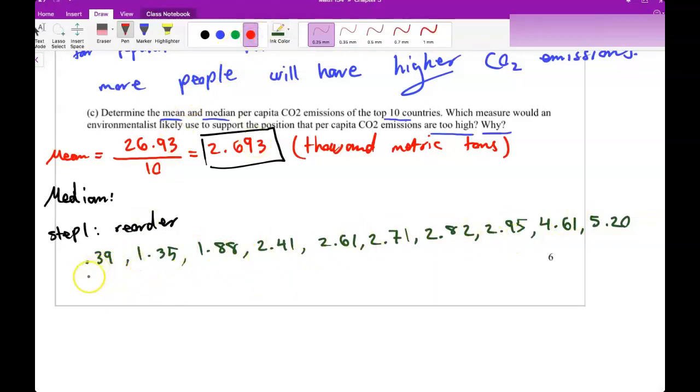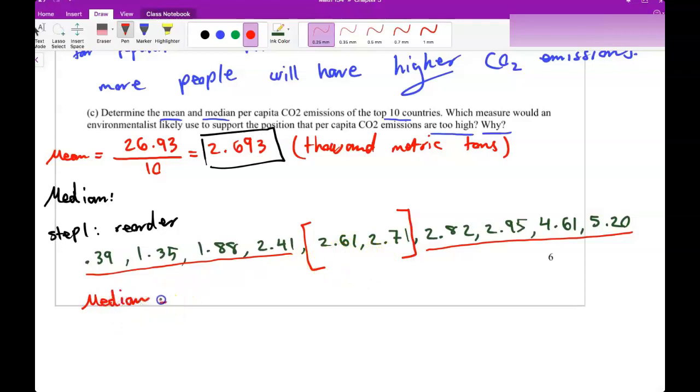So in total we have 10. So 1, 2, 3, 4 from the side, 1, 2, 3, 4 from the side. What we have in between these two numbers. So the median is 2.61 plus 2.71 divided by 2. It's 5.32 divided by 2. So this is again in metric tons.